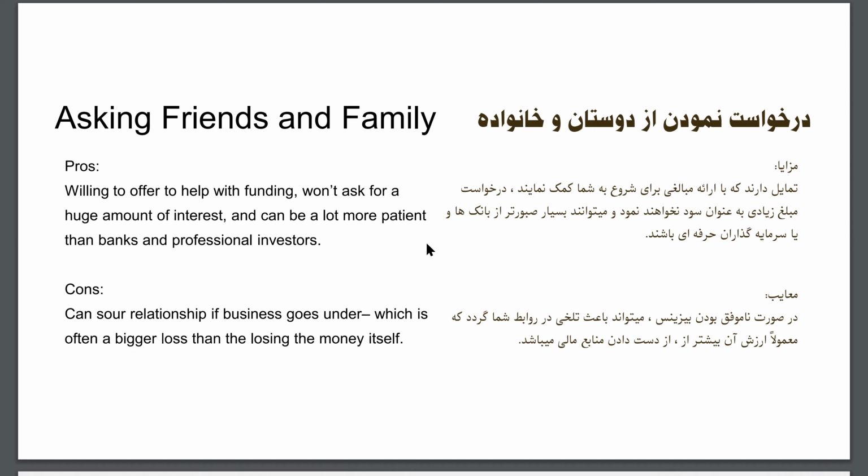If the business were to go under, which again is a high possibility, then because your family relationship is also there, depending on how it ends, it could very much sour the relationship you have with those family members.